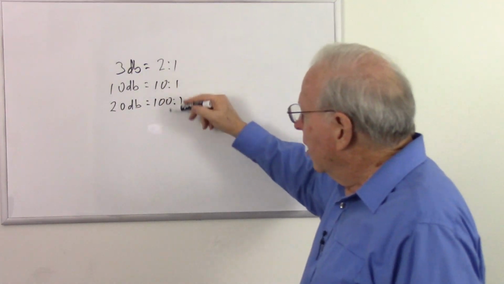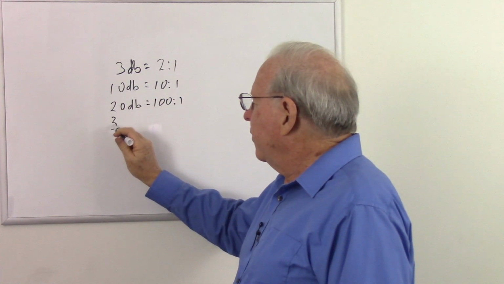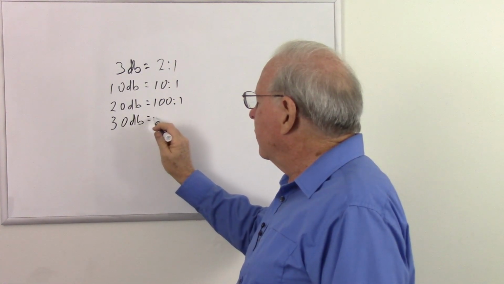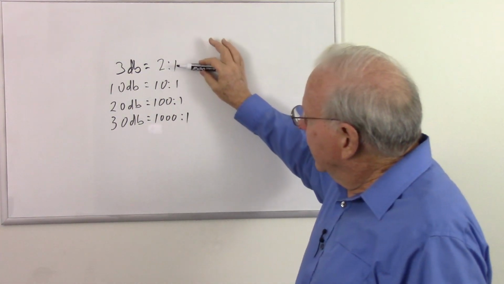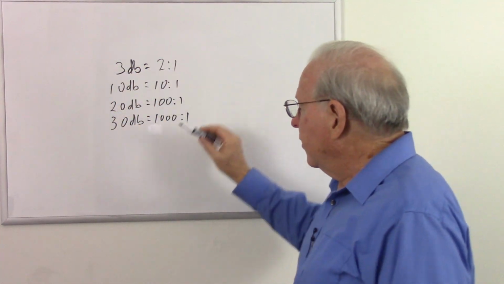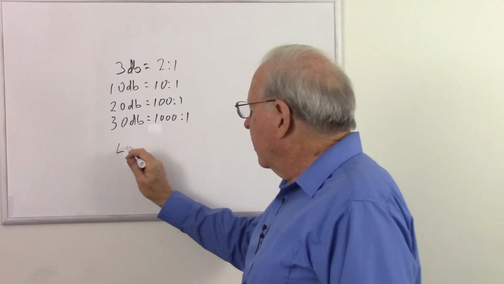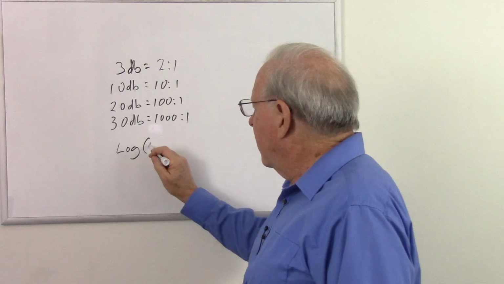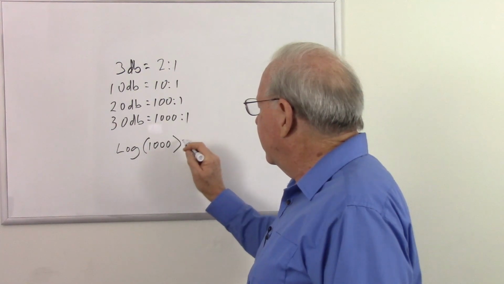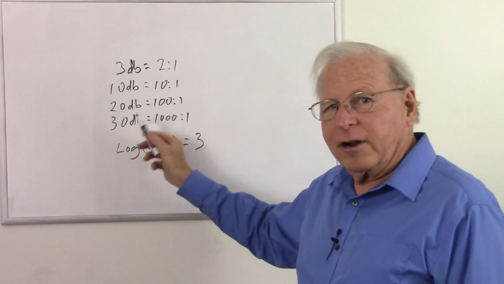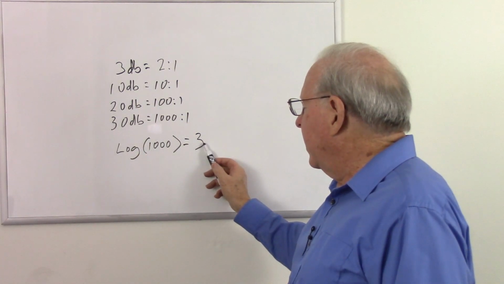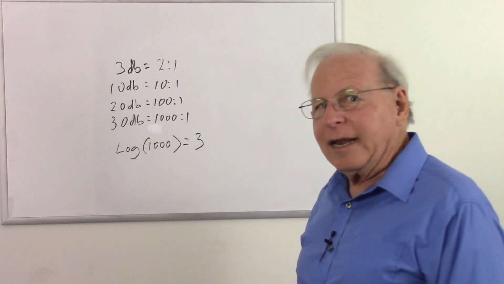So that's where those logarithms are working in here. 30 decibels equals 1,000-to-1. So now you can see how the logarithm works into there, where once again, the log of 1,000 equals 3. And remember, decibels are 1/10 of a bell, and so that's 3 bells or 30 decibels.